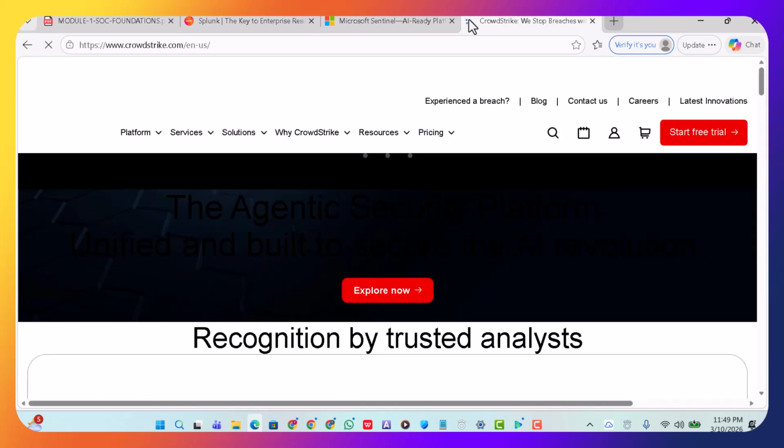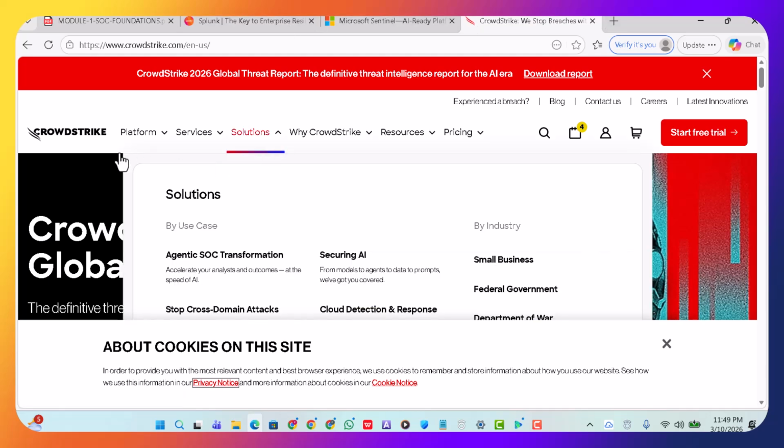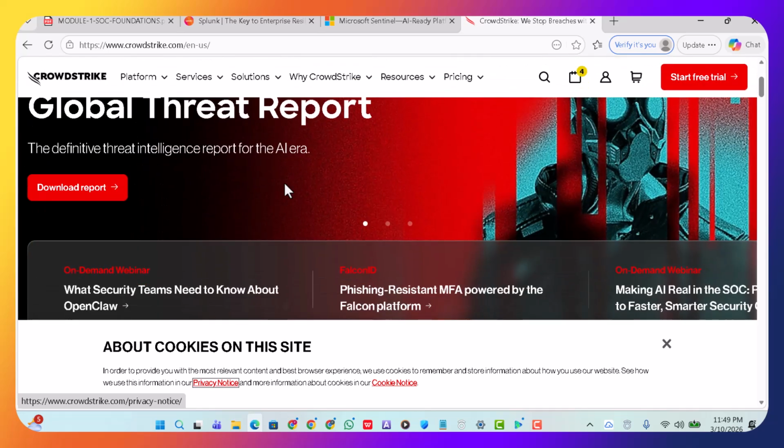It is an endpoint detection and response platform, which is EDR. EDR tools monitor endpoint devices such as laptops, desktops, and servers to detect malicious activity like malware infections or suspicious processes. All right. So also go through it, get the necessary information, understand what they do.